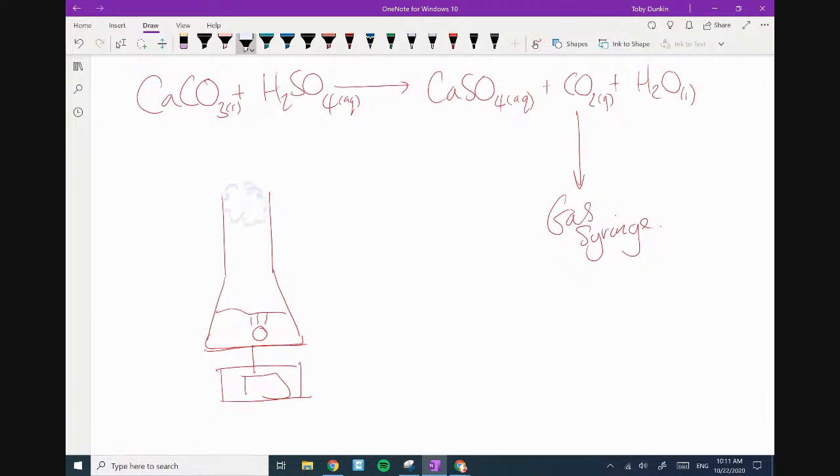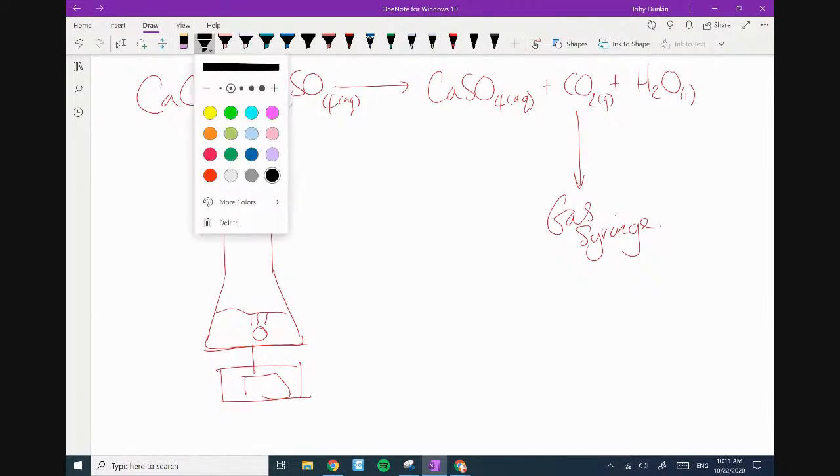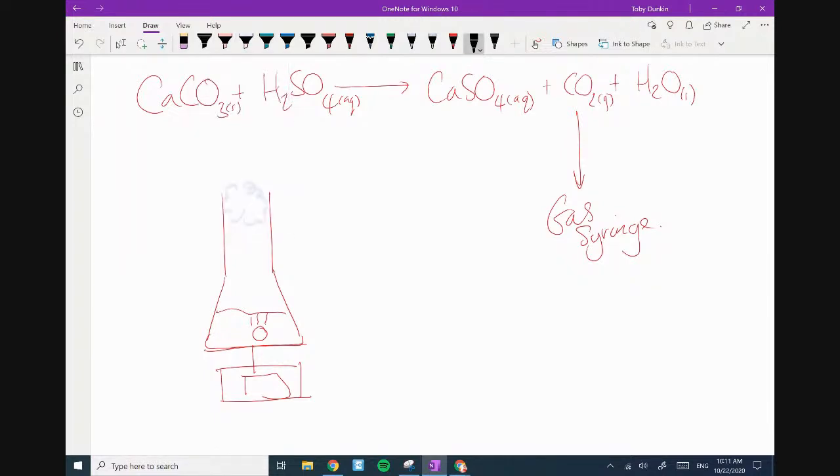The cotton wool will allow the CO2 gas to escape, but it won't allow any water that's splashing to escape. The water would be soaked up into the cotton wool, so it doesn't decrease the mass.